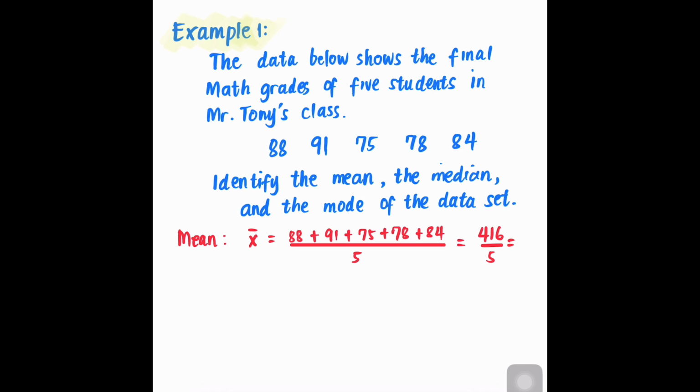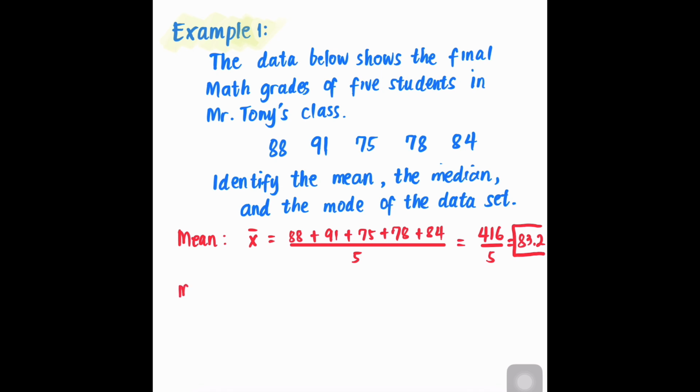So the average of the given dataset is 83.2. That's the mean value. Now, for the mean, you don't necessarily need to arrange the scores. You can just simply get the sum of them right away and divide it by the total number of scores.